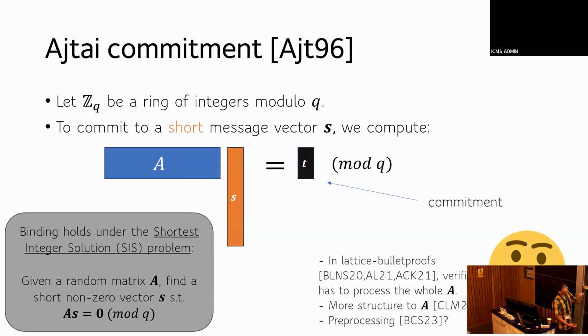Now, if I want to prove knowledge of this opening, in lattice Bulletproofs the verifier somehow needs to cut this matrix A in half and then make operations on A. There were some approaches which either use some pre-processing or put more structure on A, but then rely on new lattice assumptions.